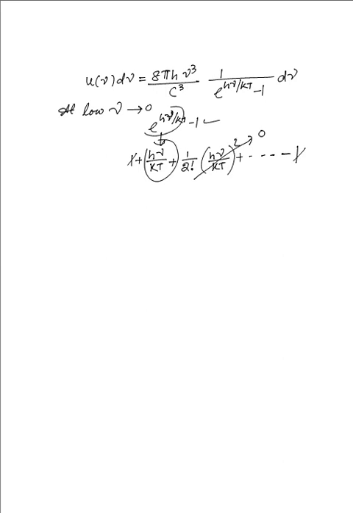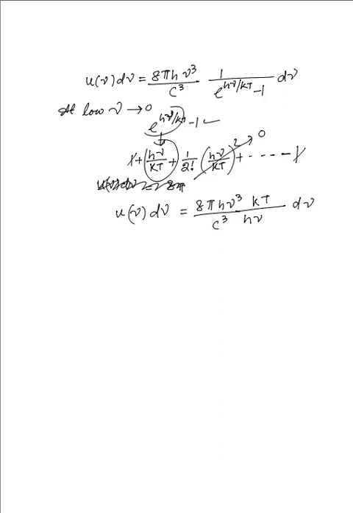So if we replace that value over there in the denominator, instead of e to the power h nu by kt minus 1, we simply end up with h nu by kt. That is, u nu d nu is equal to 8 pi h nu cube divided by c cube, and in the denominator we have h nu by kt, so h nu stays there, kt goes up, and this is d nu.